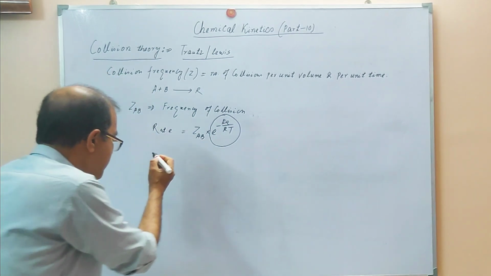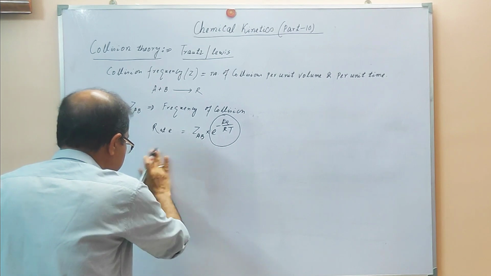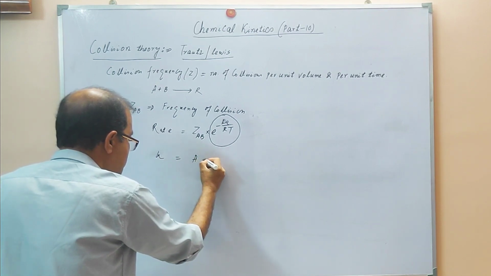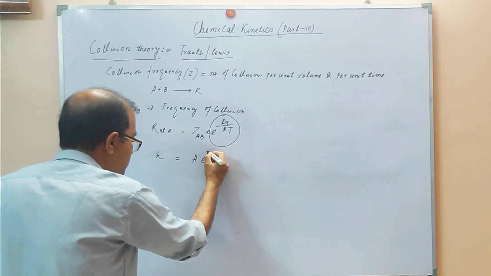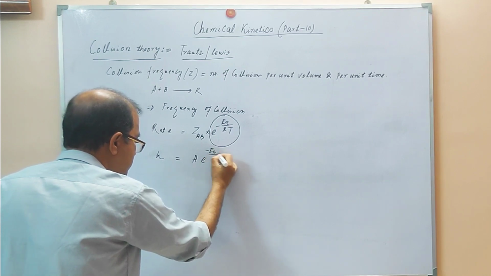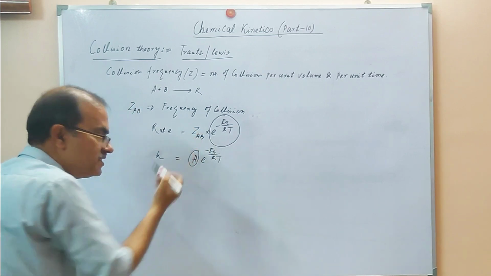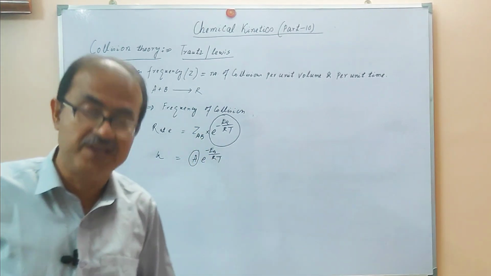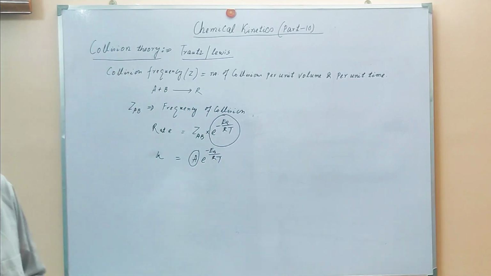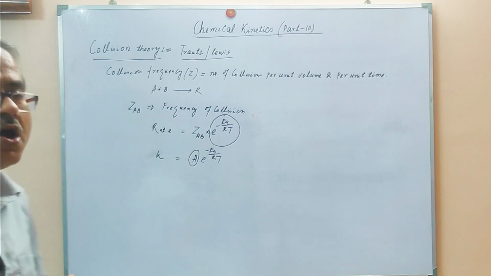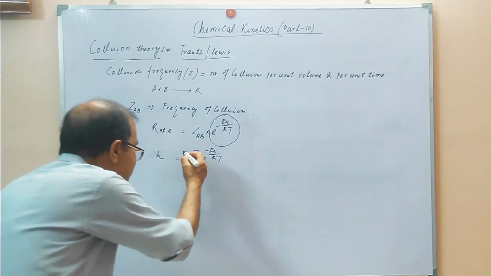And if we compare with the Arrhenius equation, k is A into e to the power minus Ea by RT. So we can say this A factor is basically the collision frequency. That is why A is called the frequency factor, the frequency of the collision.